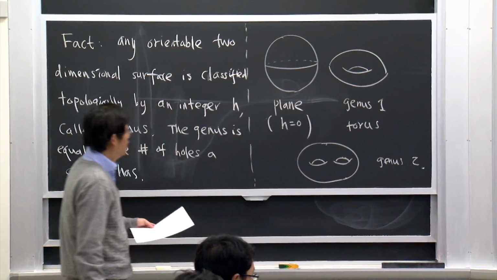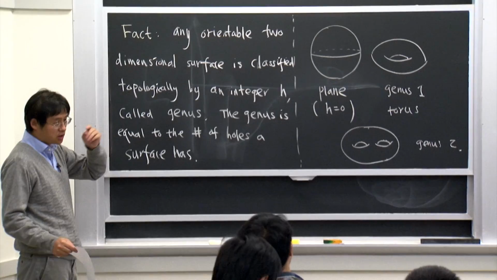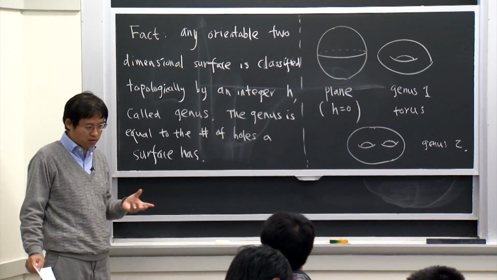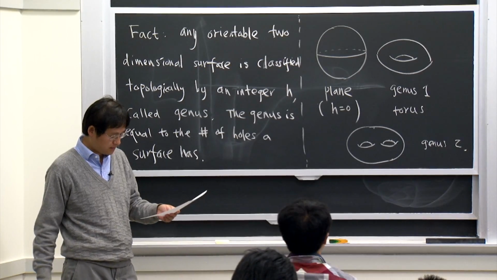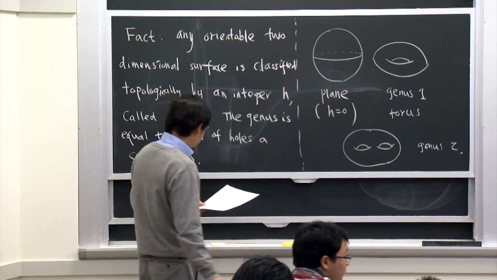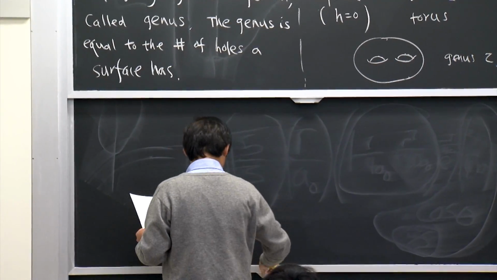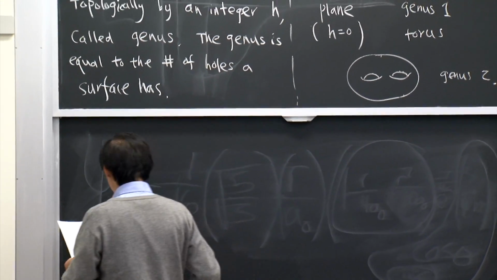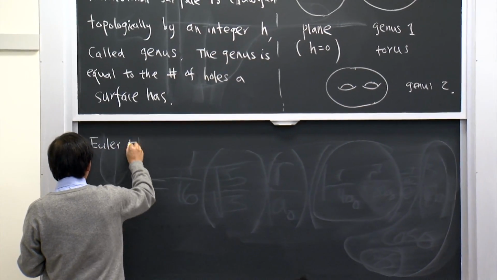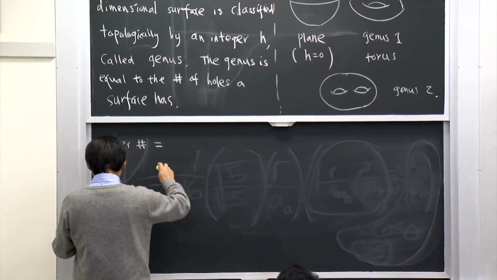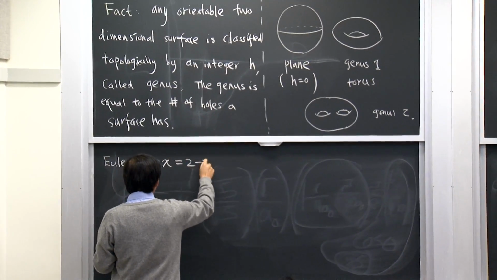So the remarkable thing is that this actually classifies the topology of all two-dimensional surfaces. And there's a so-called topological invariant, a topological number, the so-called Euler number, which is defined to be chi equal to 2 minus 2h.